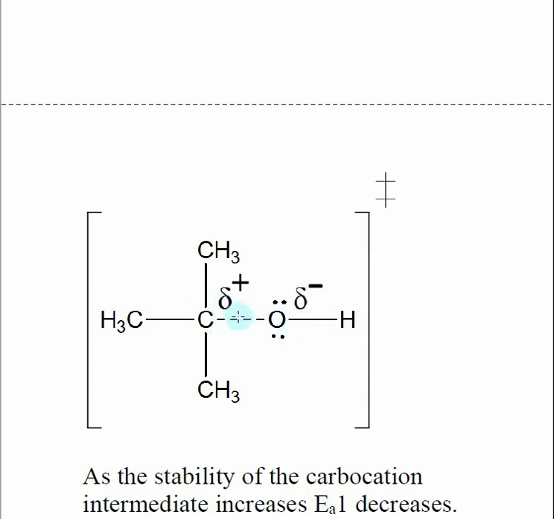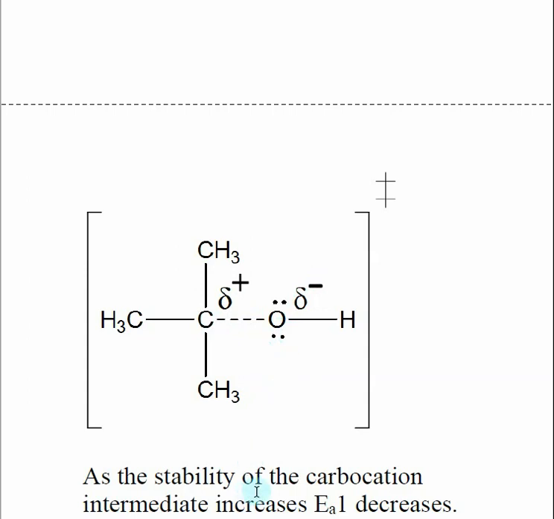Because we are halfway in between, they both get partial. So we're in the process of losing these charges. In the product, we just have an alcohol, the carbon's neutral, the oxygen's neutral. So we are in the process of losing the positive charge on the carbon and losing the negative charge on the oxygen. So the important piece here is that carbocation.